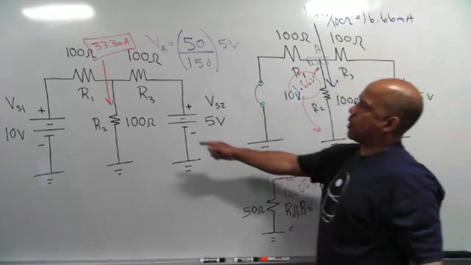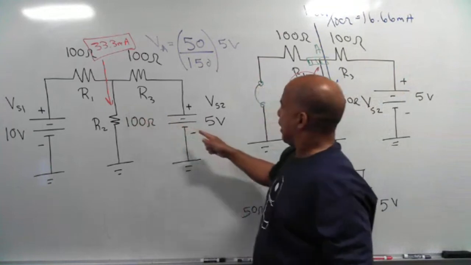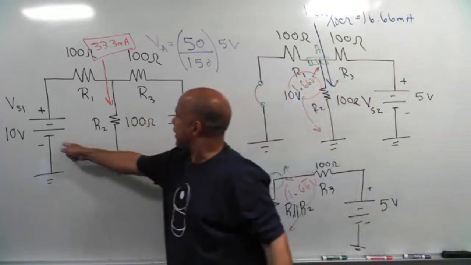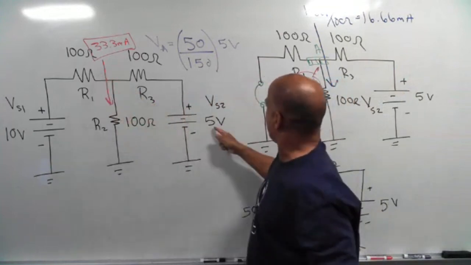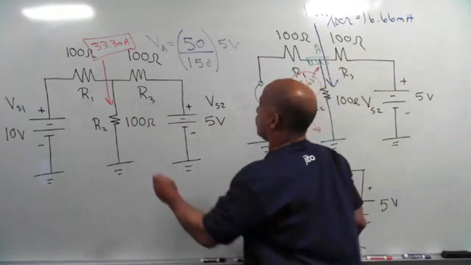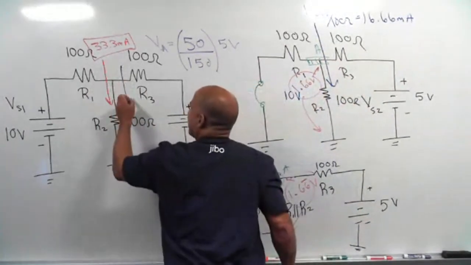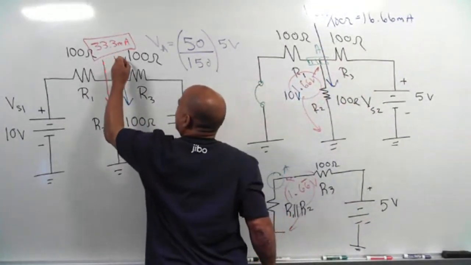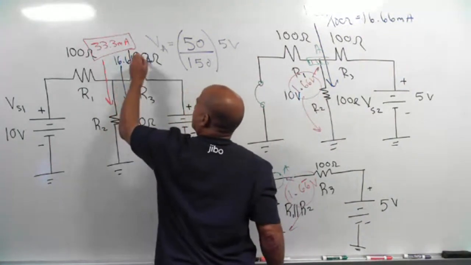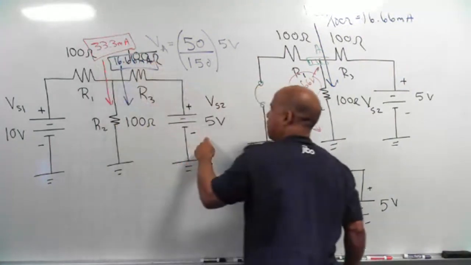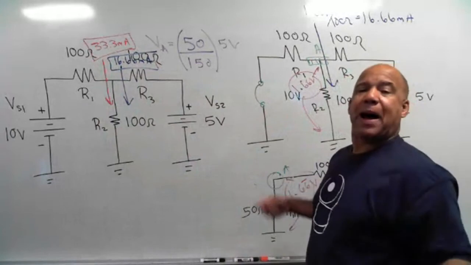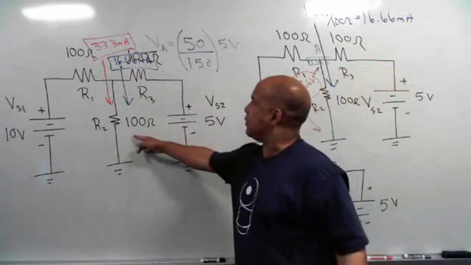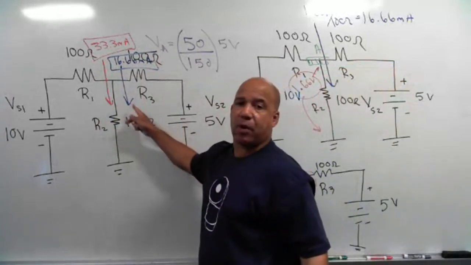So over here in my original diagram, I made the current from VS1 in red. I'm going to make the current for VS2 in blue. Going down, I have 16.66 milliamps from VS2.